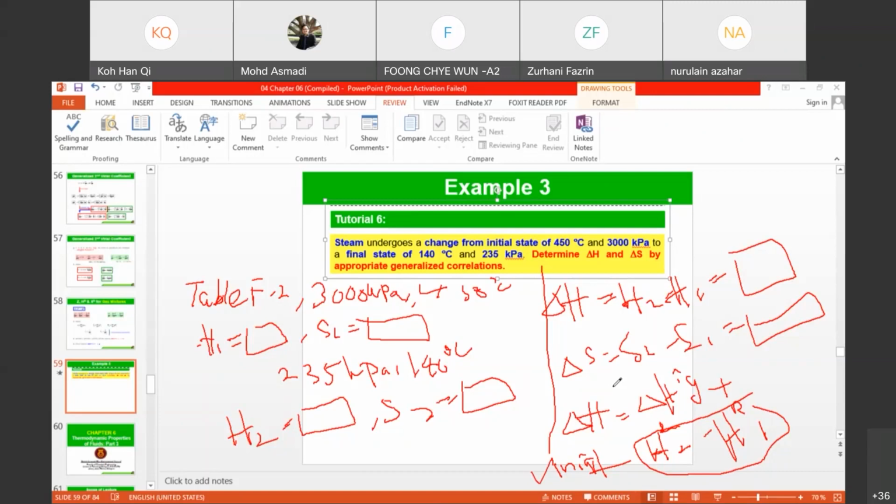Anyone? Any questions about this example?